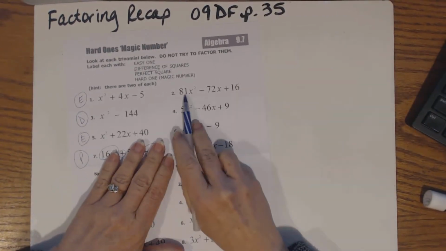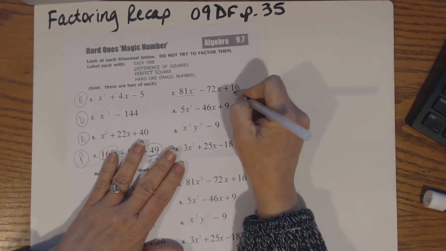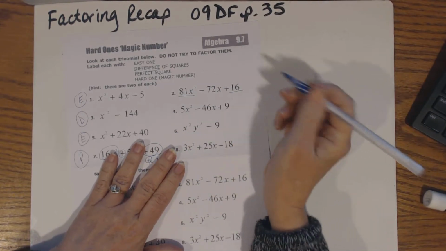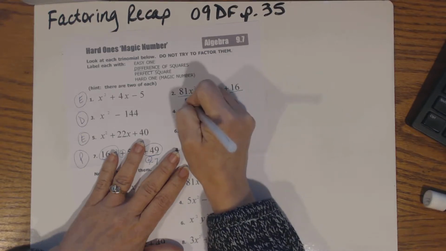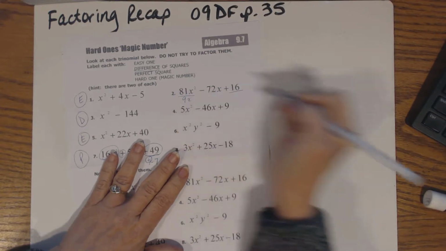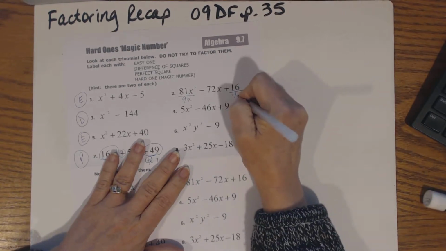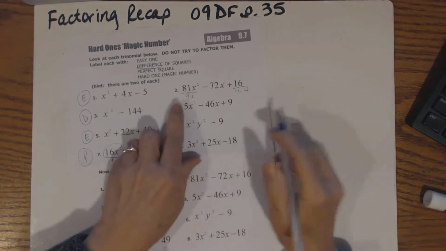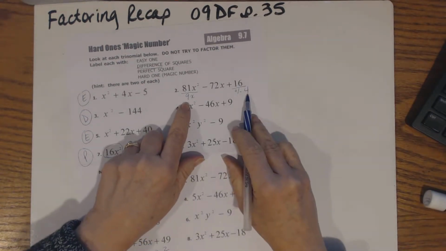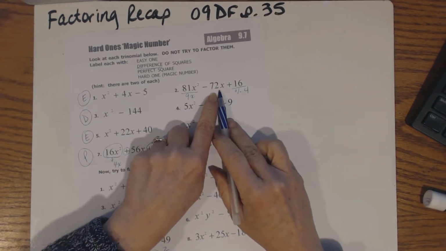Okay, this one, I see another perfect square here, and I see another perfect square here, so I might as well test this one out. The square root of 81x squared is 9x. The square root of 16 is plus or minus 4. So if I multiply 9 times 4, I get 36, and if I double it, do I get 72?